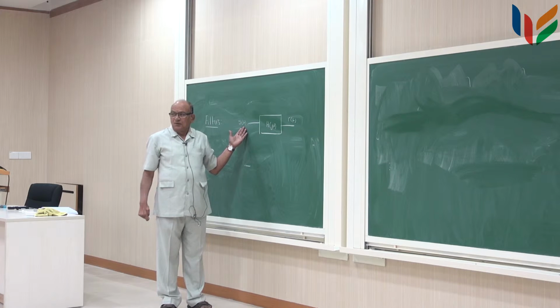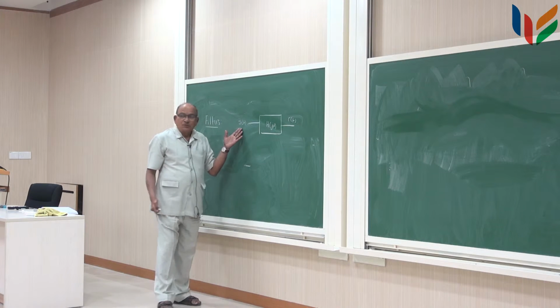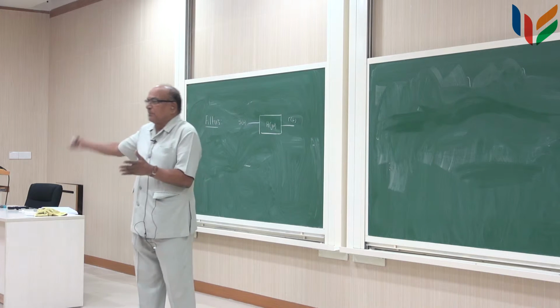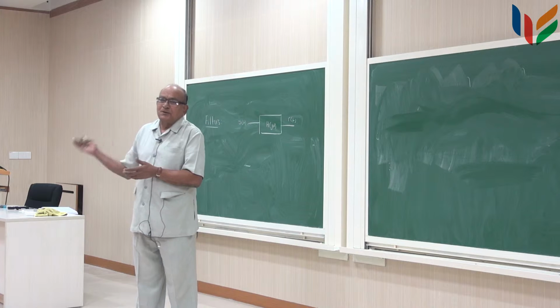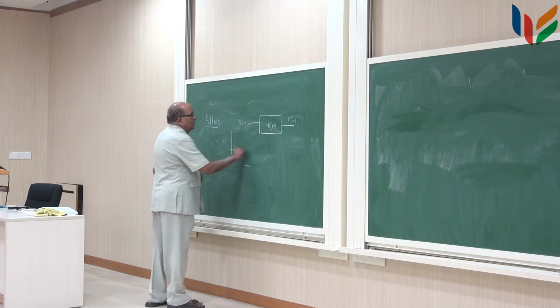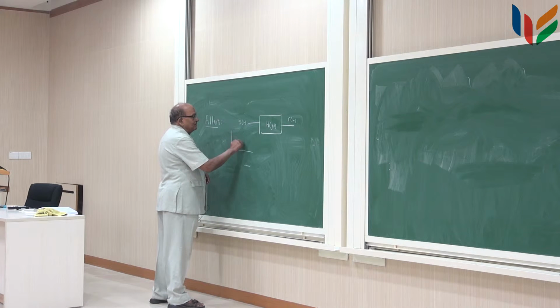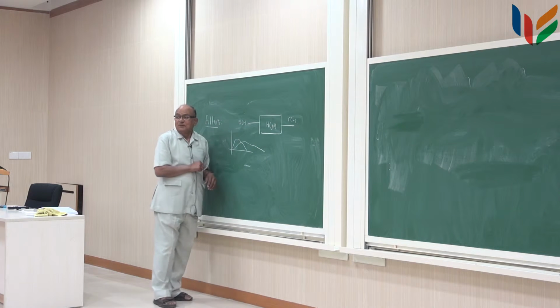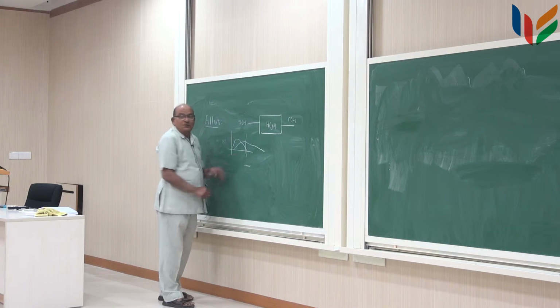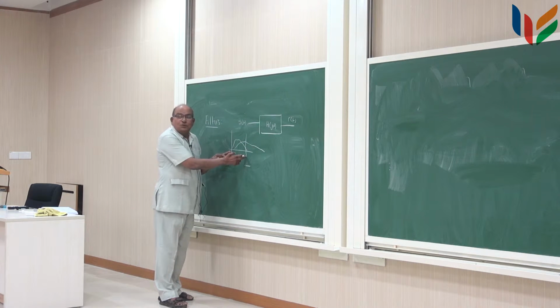You may like to filter it so that a high frequency noise can be subtracted out of it. For example, if the signal occupies this band and the noise occupies a larger band, no use having this noise power along with you, cut off this noise power. So you pass it through a low pass filter, right? So this filter must be a low pass filter.